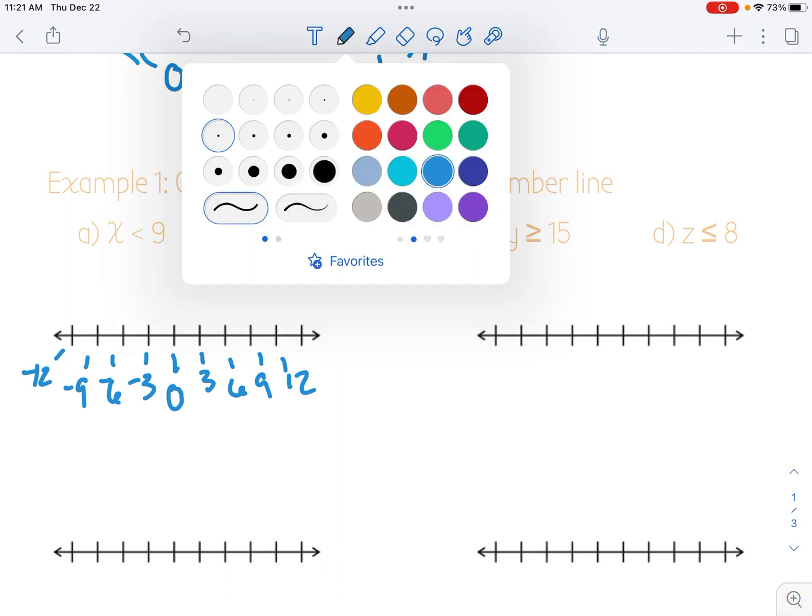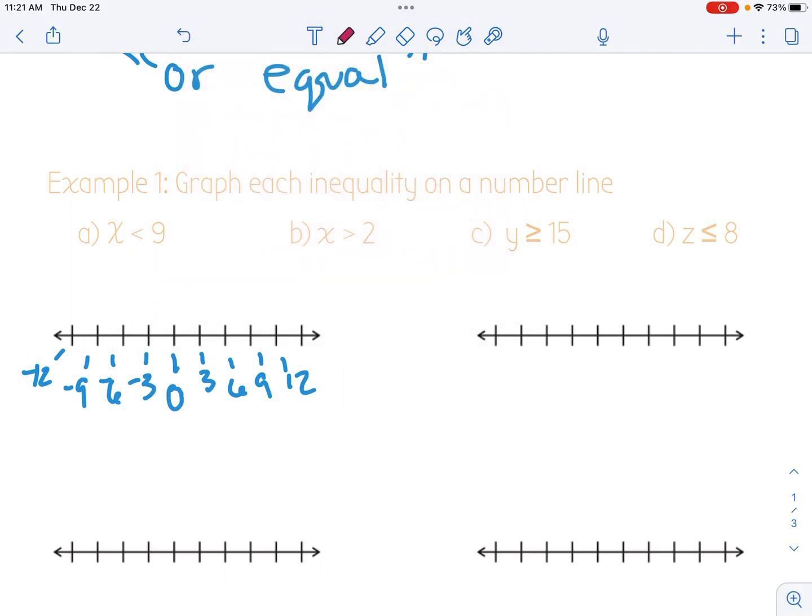If x is less than 9, I don't have an "or equal to," so I'm going to put an open circle on 9. This is saying that 9 is not part of the solution, because if you were trying to make less than 9 cookies, you could not make 9 cookies. 9 cannot be an option.